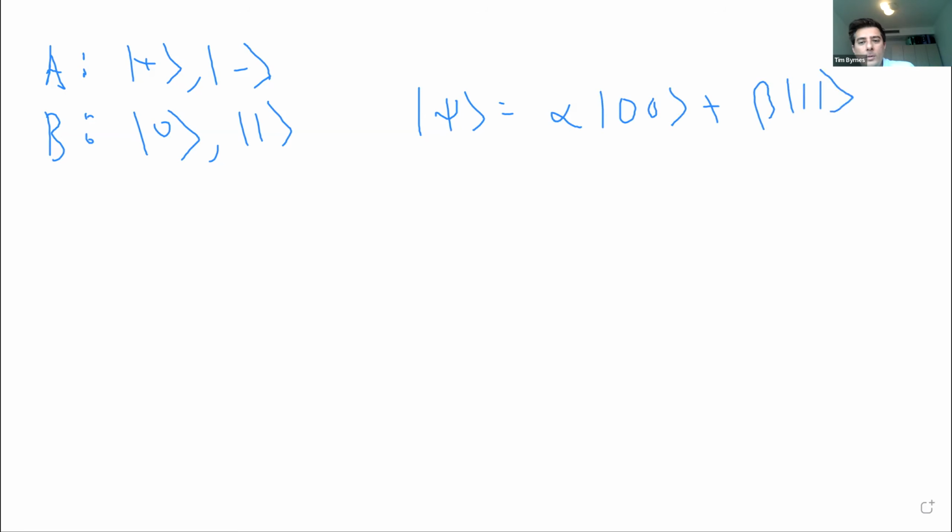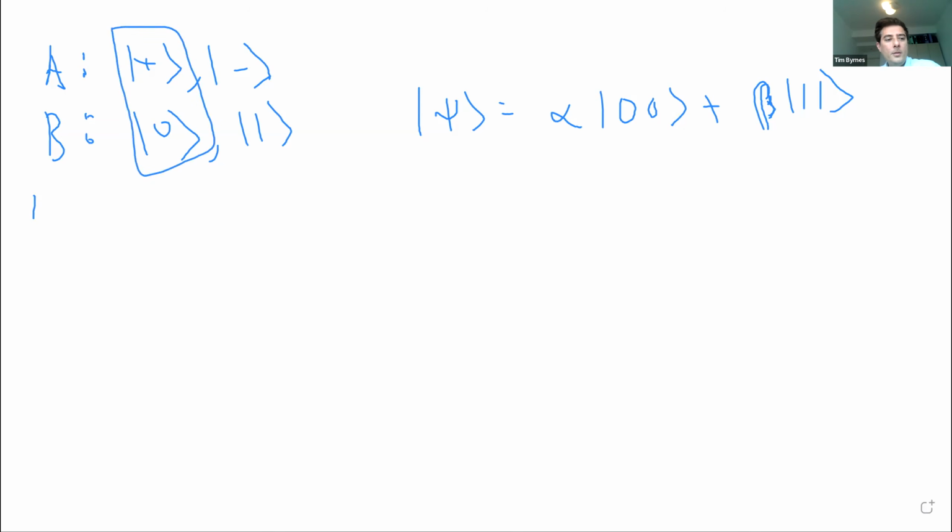Suppose we have that state there, with alpha and beta coefficients. Let's work out the measurement probability and outcome of Alice getting plus, and Bob getting minus, these two.